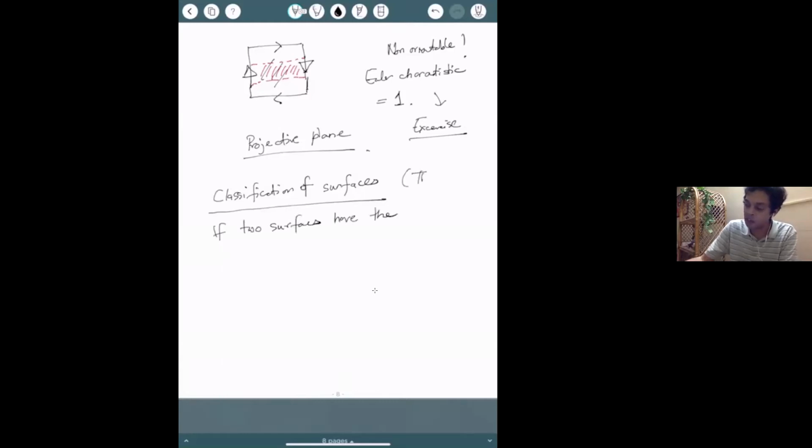It's a theorem, something that will come maybe at the end of a first course in topology, and the proof involves some more ideas. So if two surfaces have the same Euler number and orientability, in other words, either both are orientable or both are non-orientable, then they are topologically equivalent.